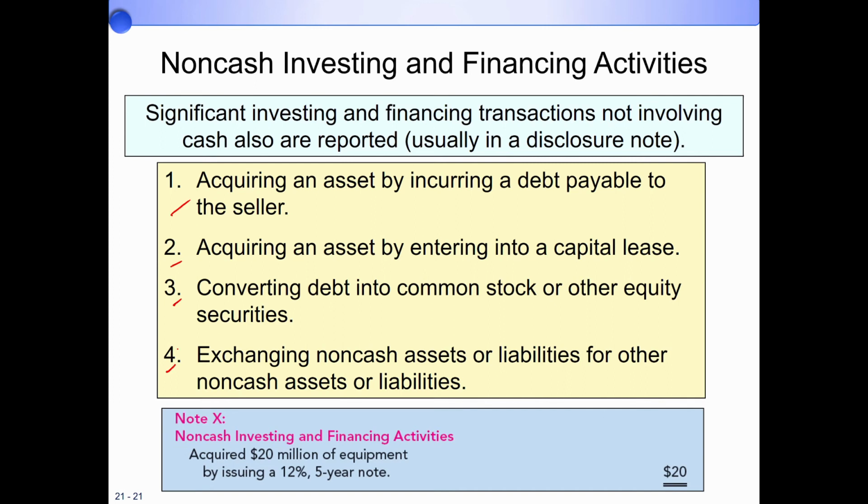The first one: acquire an asset by incurring a debt payable to the seller. Let's say we purchase the equipment, but we promise to pay them in 5 years. So we're signing a note. We debit the equipment, we credit notes payable. In this journal entry, you don't see cash. There's no cash. This is a non-cash activity.